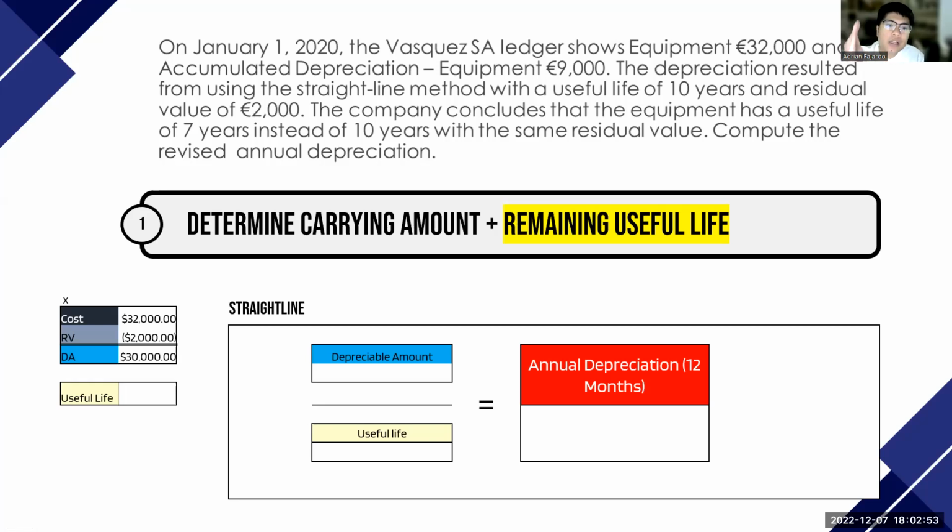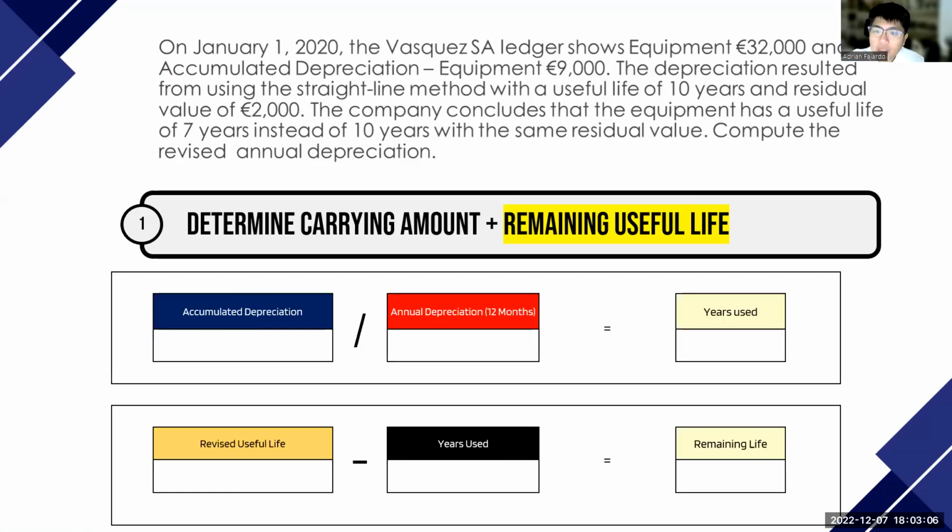Now, our useful life before any change in estimate was 10. So now, 30,000 divided by 10, we know that our annual depreciation is 3,000. Right now, our ACDEP is at 9,000. So, we have to divide our ACDEP by the annual depreciation. 9,000 divided by 3,000, we know that 3 years have passed.